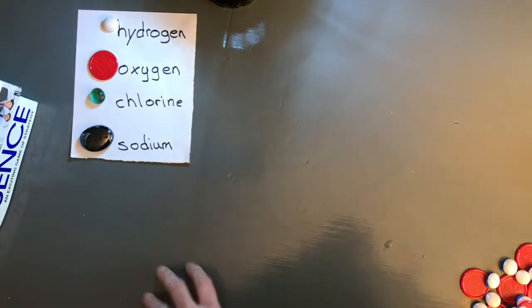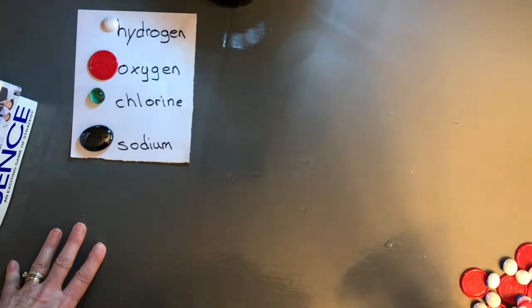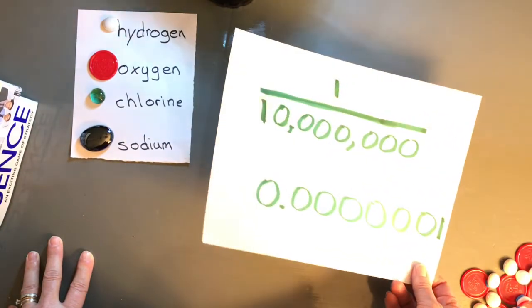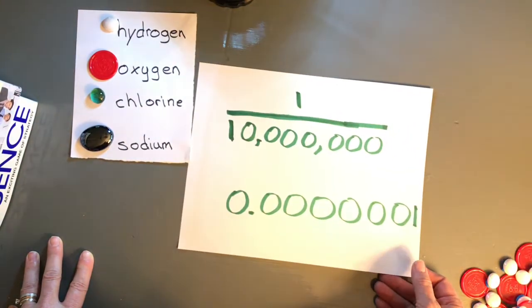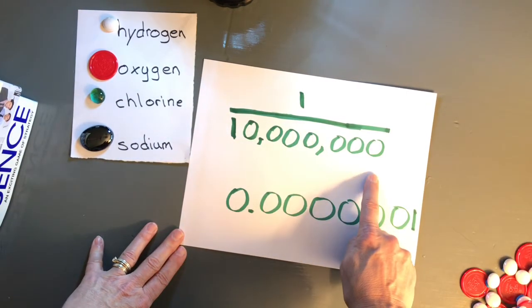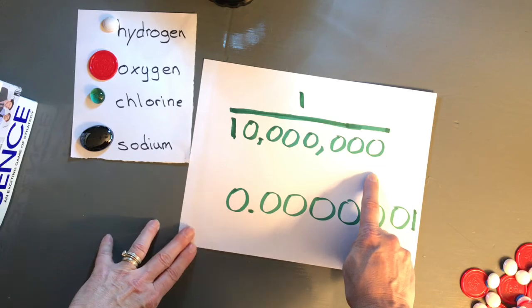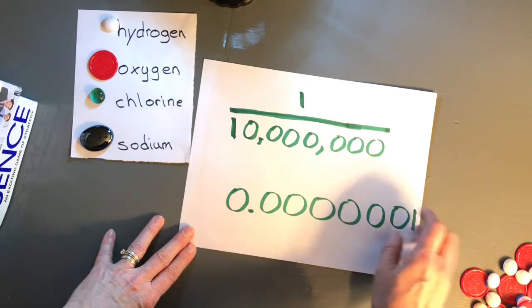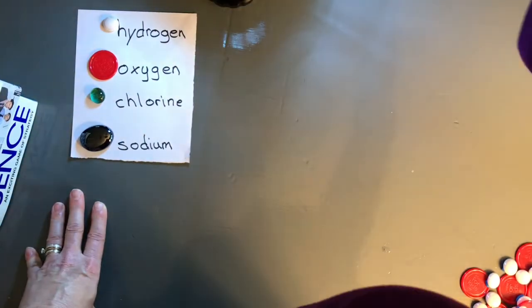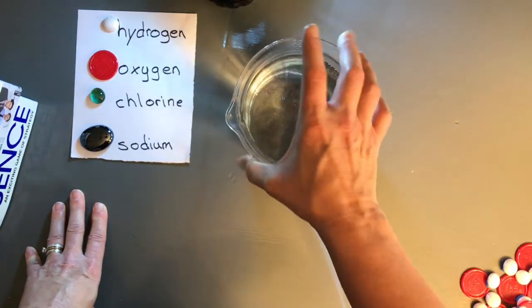Now, the amount of water molecules that dissociate into ions in pure water is very small. It's about 1/10,000,000th of a mole in a liter. Well, how much is a mole of water? We know what a liter of water is. Here's a liter of water.